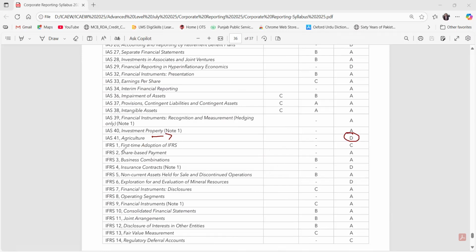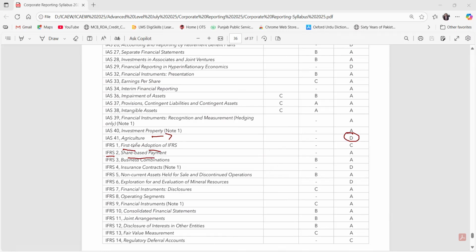Starting with IFRS 1, we have first time adoption of IFRS. Then we have IFRS 2, share-based payment, a very, very important standard considering the UK perspective, because if the companies have to retain their employees or they have to give some sort of incentive, then they also offer them shares.